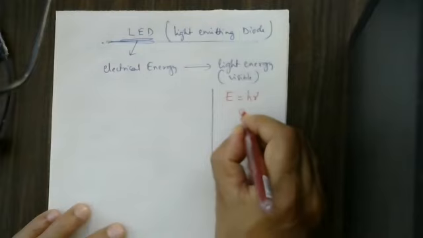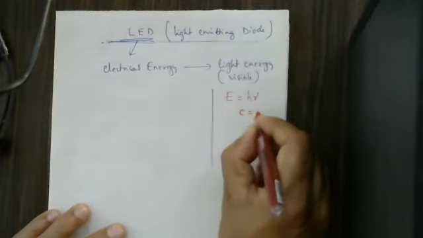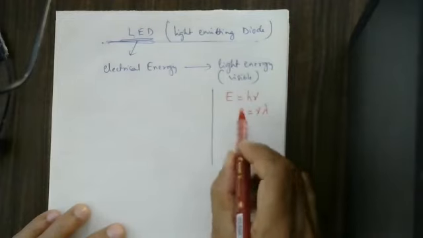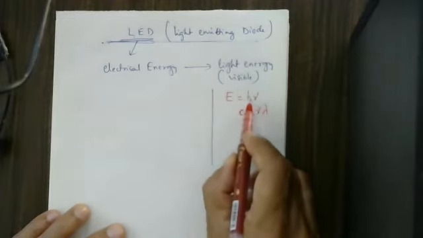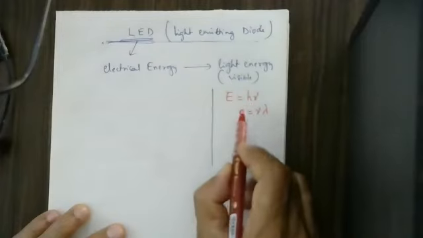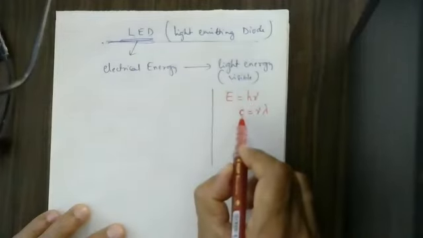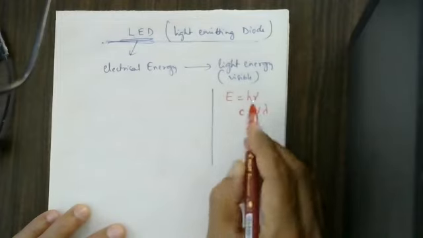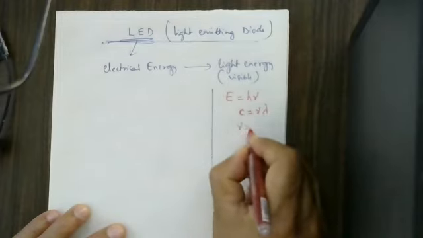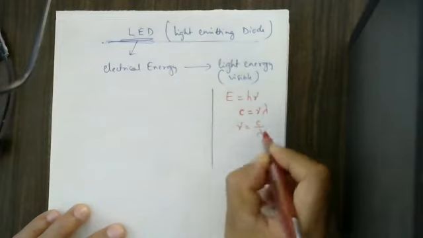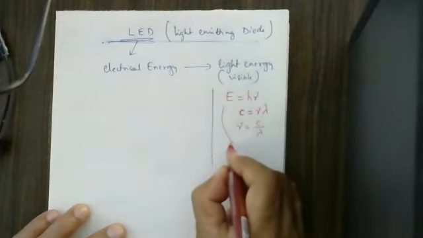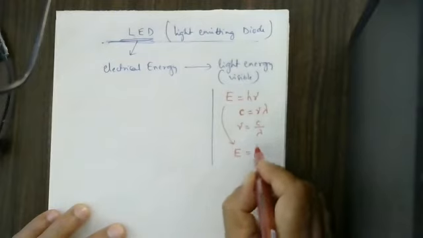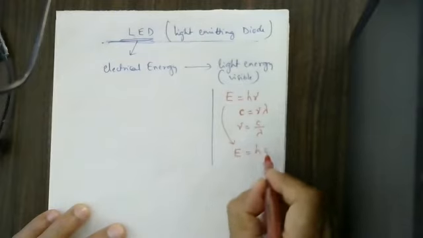But we know that c, the velocity of light in air or vacuum, is equal to nu into lambda, frequency into wavelength. Therefore, frequency is equal to c divided by lambda. Therefore, the energy of a photon is E is equal to h c divided by lambda.